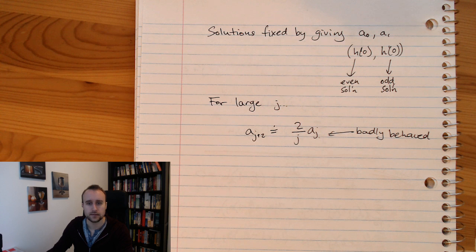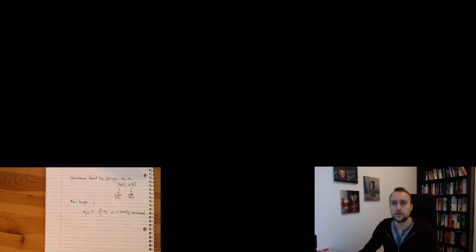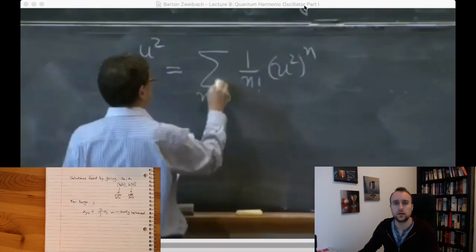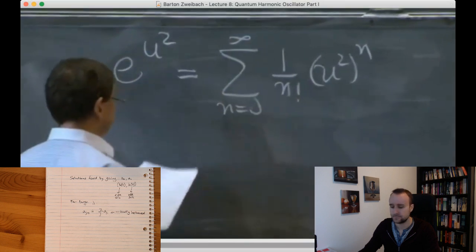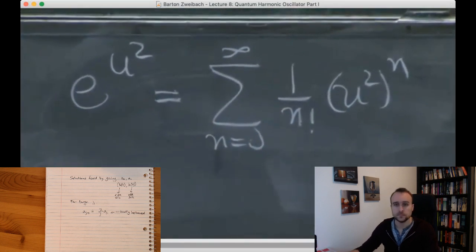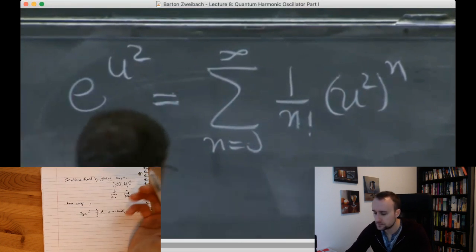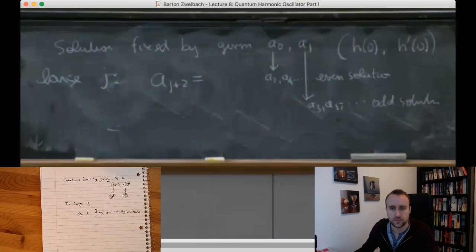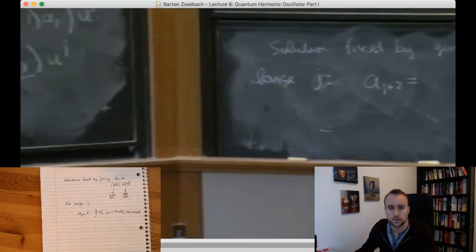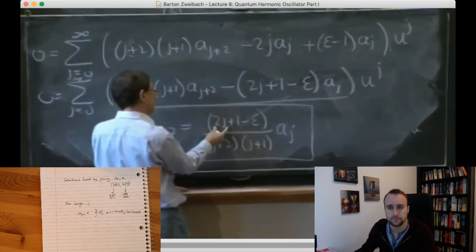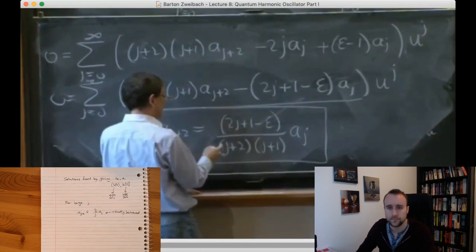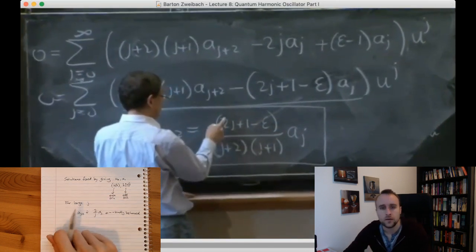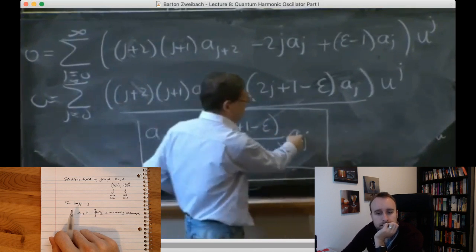All right. And then let's go to infinity. Now, I'm going to jump back just a little bit. Whatever the energy is, if it is sufficiently large, the most important here is the 2j, the j and the j, so you get 2 over j times aj.